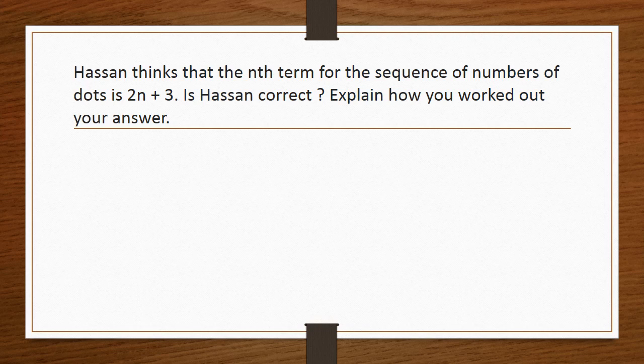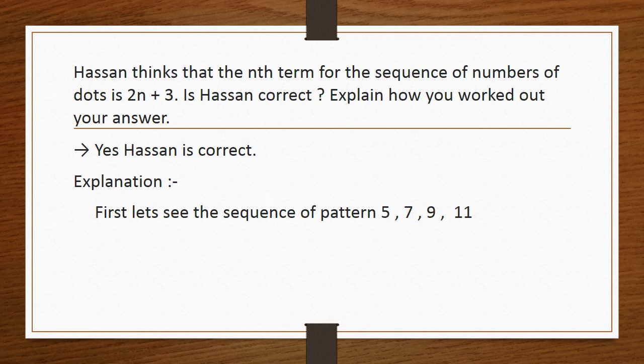So the position to term rule, that is the nth term for the sequence, is 2n plus 3. Is it correct? Let's check for pattern 1. In pattern 1 there are 5 dots. See, Hassan is correct.